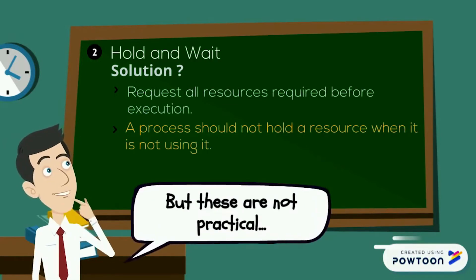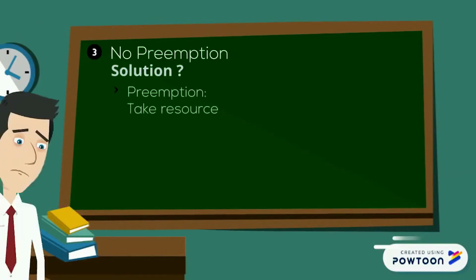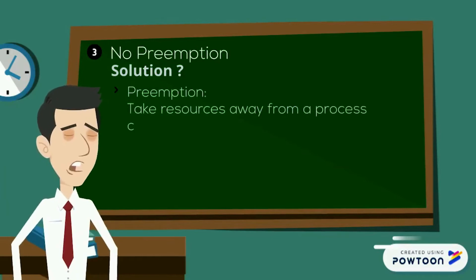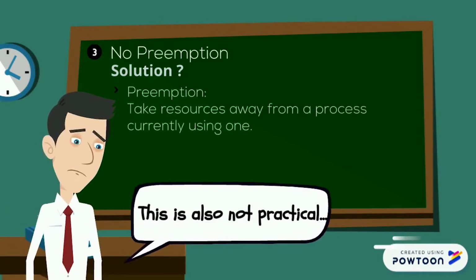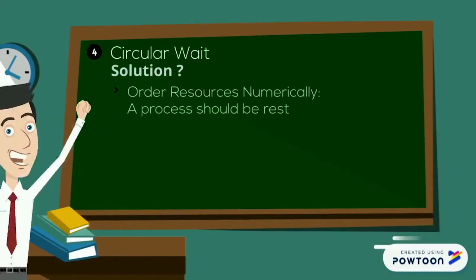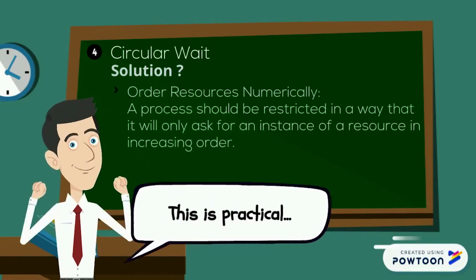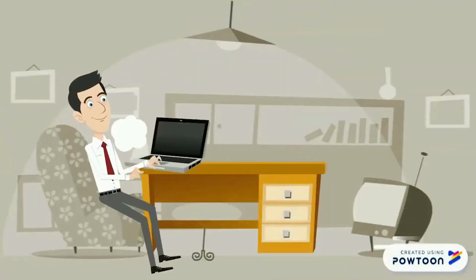But these are also not practical. Number 3. No preemption. This is also not practical. Number 4. Circular wait. This is practical. Now let's move to the next topic.